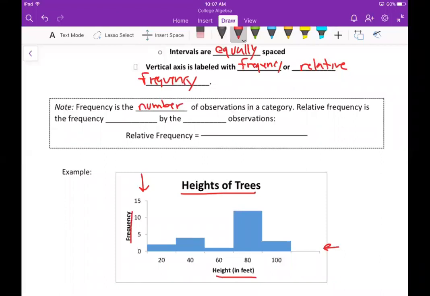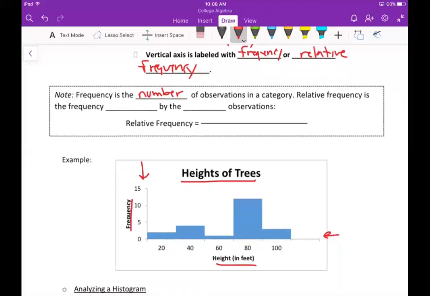One thing I want to make sure I note is that on histograms, a lot of the time, this horizontal axis will be labeled differently. As you see this 20, 40, 60, 80, and 100 here, it does not mean that there are a couple of trees here that are a height of 20.